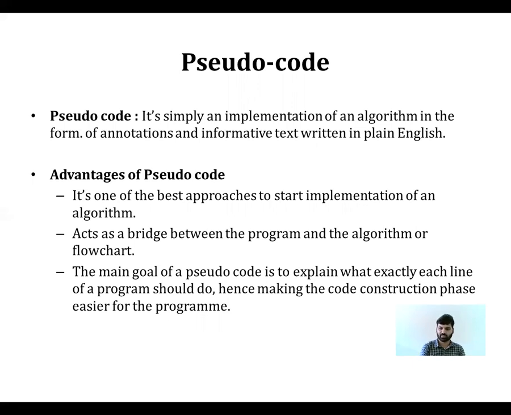It acts as a bridge between the program and the algorithm or flowchart. The main goal of pseudocode is to explain what exactly each line of the program should do, hence making the code construction phase easier. You can understand what to do or how to construct the program code.